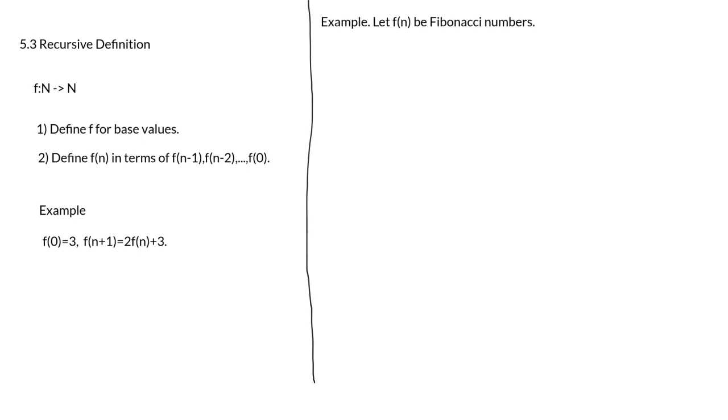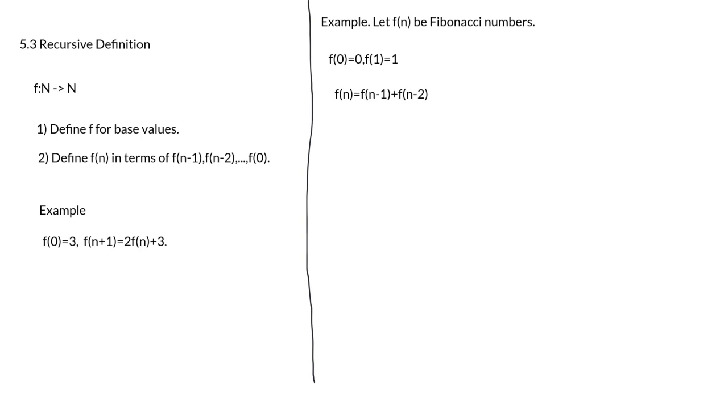So recall that the Fibonacci numbers are defined as follows. So we have base values. f(0) is 0, f(1) is 1, and the recursive relation is that f(n) is f(n-1) plus f(n-2).